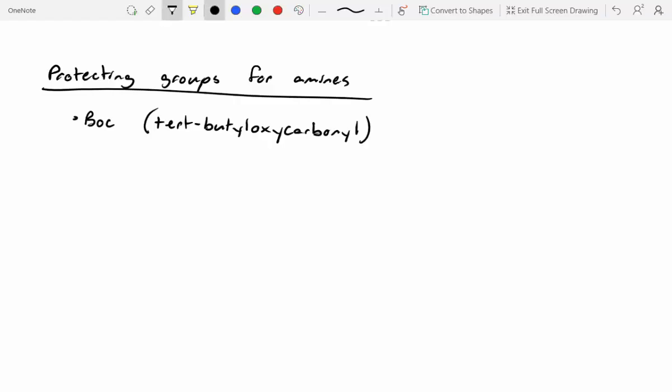I remember when I first saw this, I was like, how are they getting BOC from this? Well, it's the butyl, oxy, and the carbonyl. I don't know why BOC got chosen over something like T-BOC, but it's just the name that stuck. And it's called a carbamate protecting group.